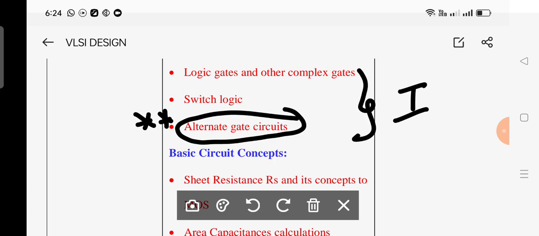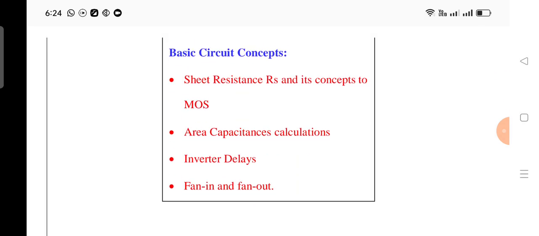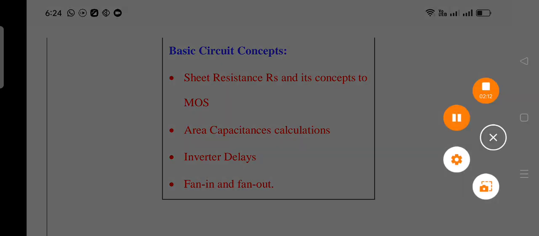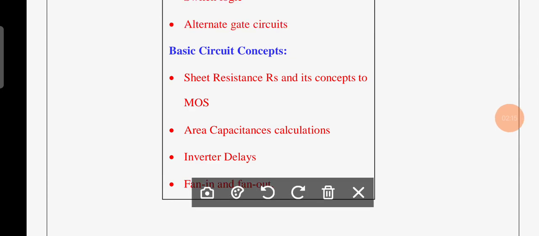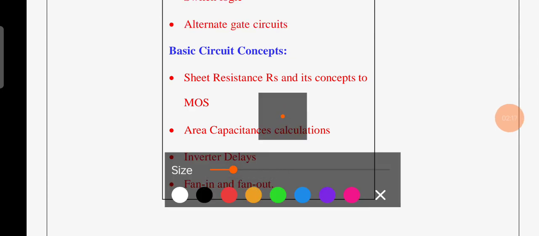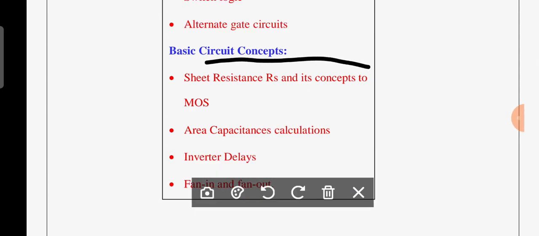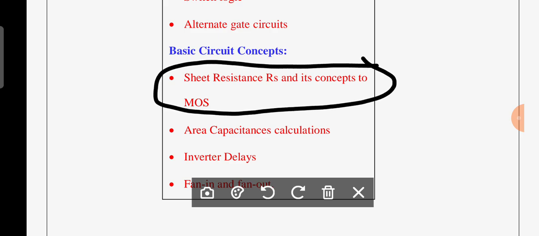Coming to the second part, you can observe in this second part of unit number 3, the first priority question is this one: sheet resistance and its concept applied to MOS transistor. This is the first priority question in unit number 3 part 2.